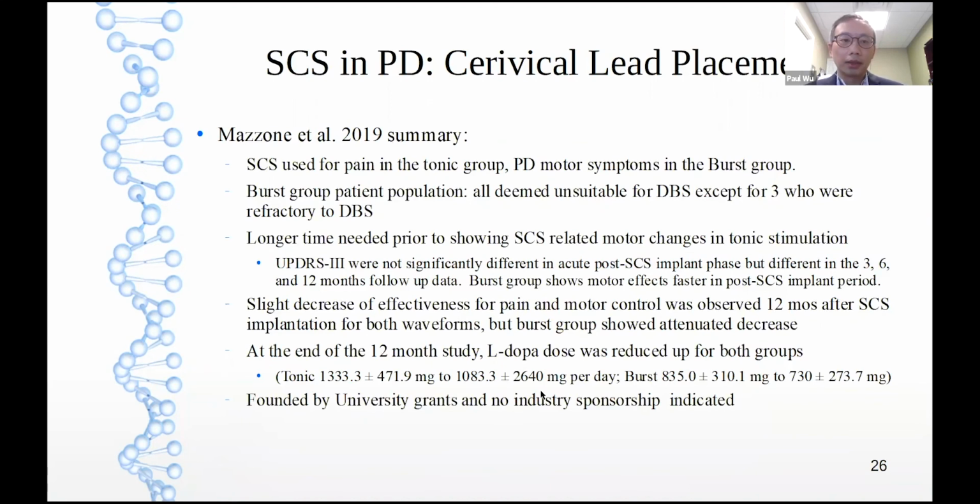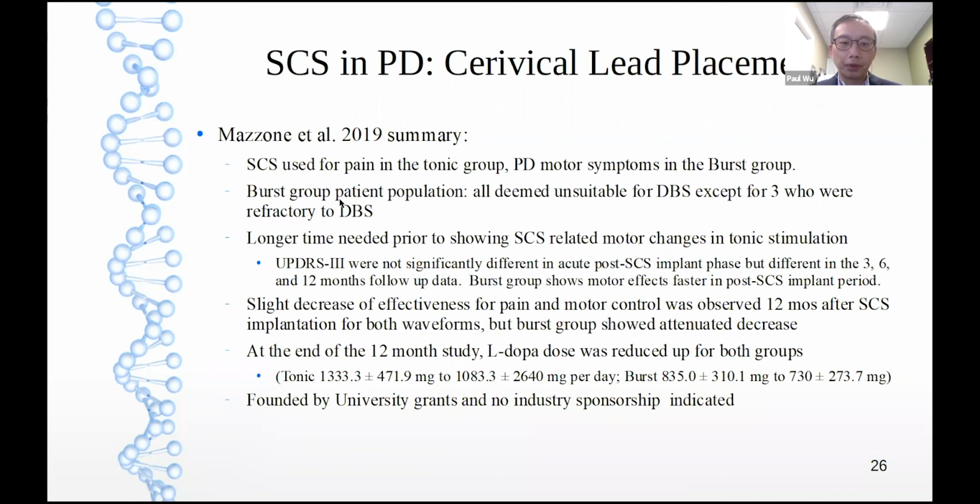So this slide is a summarization of Dr. Mazzone's study in 2019. Again, spinal cord stimulation was used for pain, particularly in the tonic group, whereas motor symptoms of Parkinson's disease were used as the indication for the burst group.